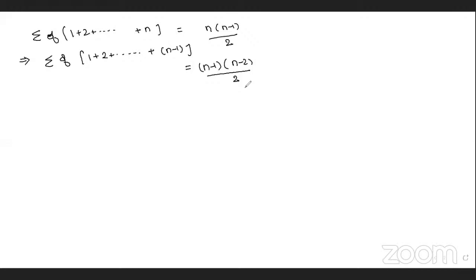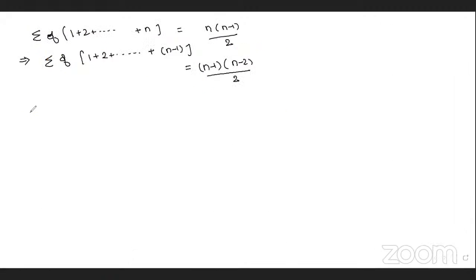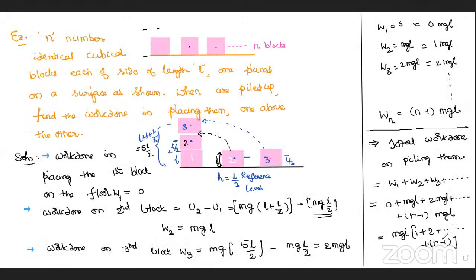Is it correct, the sum of n minus 1 numbers? Any mistake I wrote here? Shall I continue? Therefore, the total work done is mgl into this sum of n minus 1 numbers.